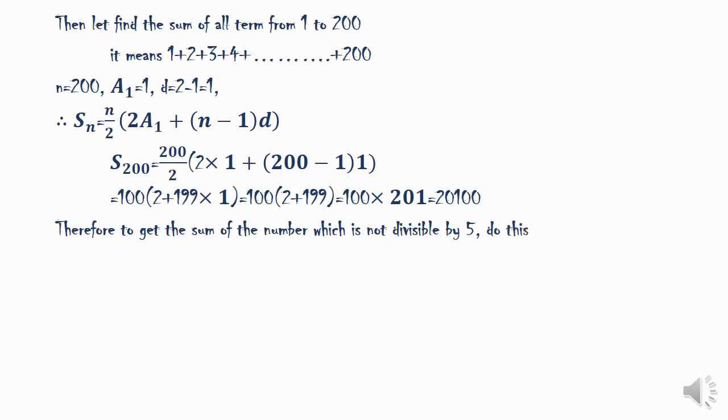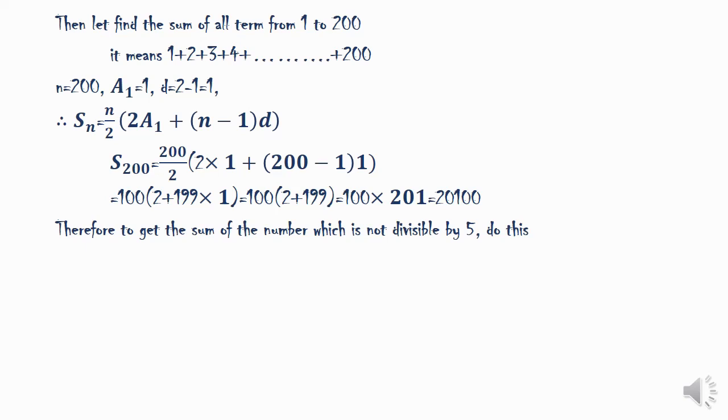Because now we have the sum of all terms from first up to last, which is 20,100, and also we have the sum of the numbers which are divisible by 5, which is equal to 4,100. So what we missed is the sum of the numbers which are not divisible by 5.